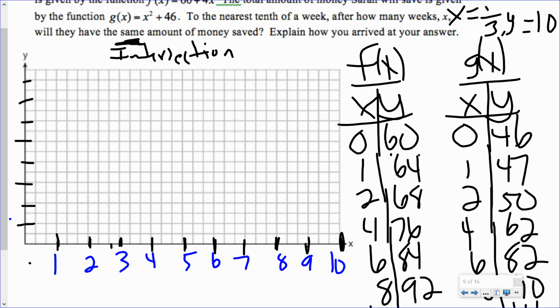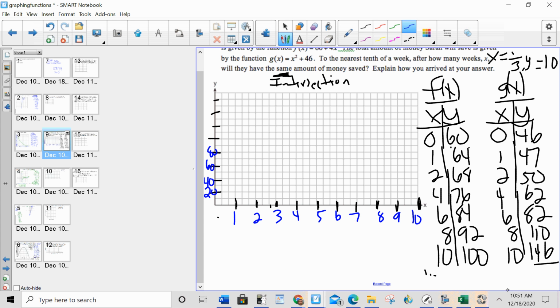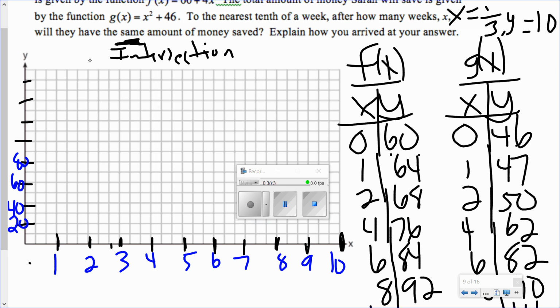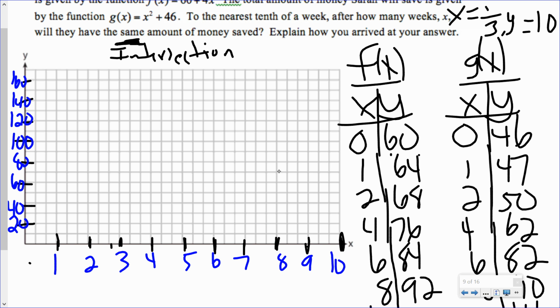My y's are going by 10, but I will label every other box, or else it gets very messy. Okay, so I'm going by 10s, but I'm labeling every other box. That's 100. That's 120, 140, 160. Now I'm going to graph them. These are long videos. Yikes.